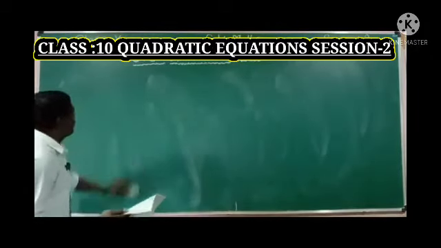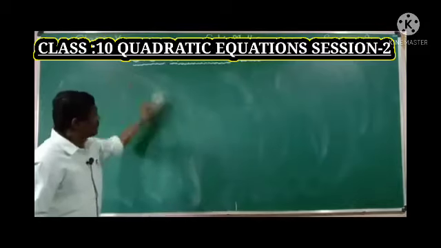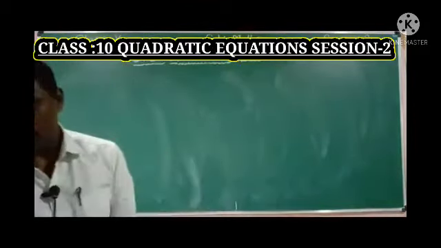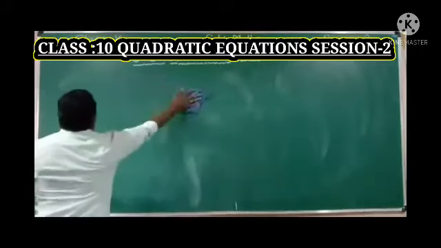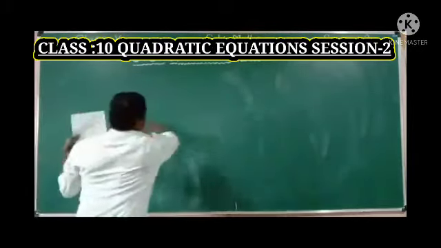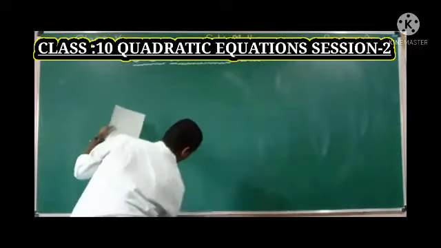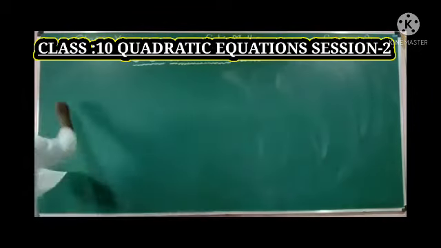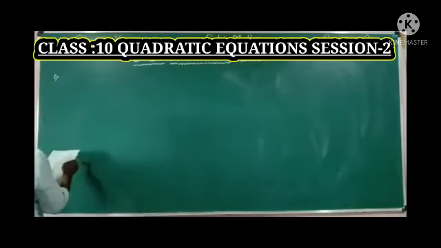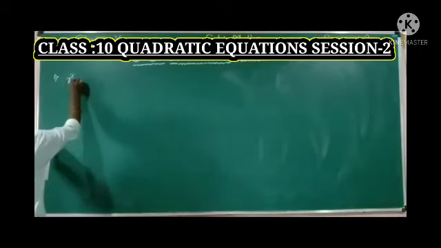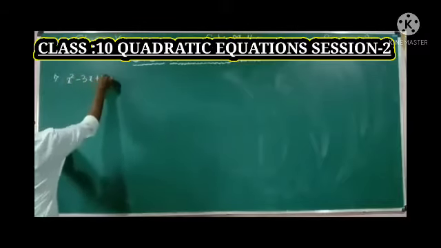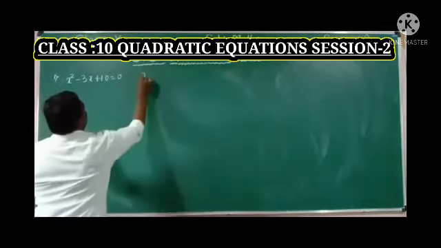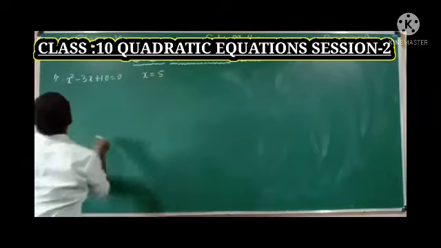You just need to verify whether the given zeros or roots satisfy the quadratic equation or not. The first one, x square minus 3x plus 10 is equal to 0. The given root is x is equal to 5.